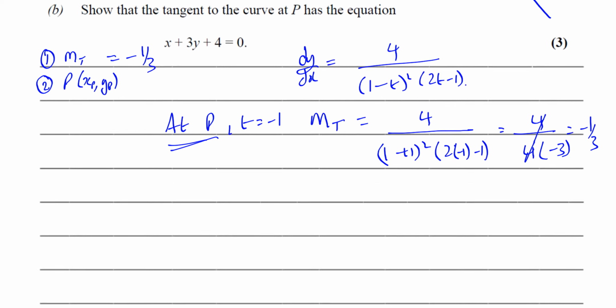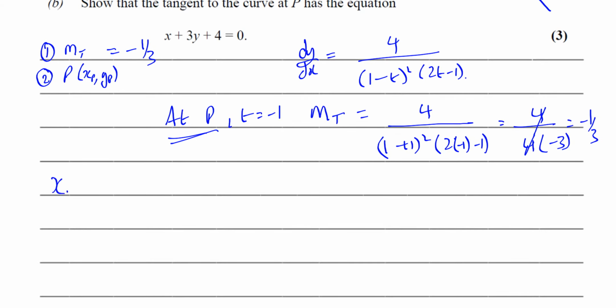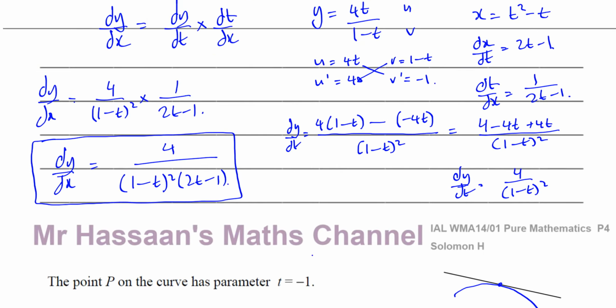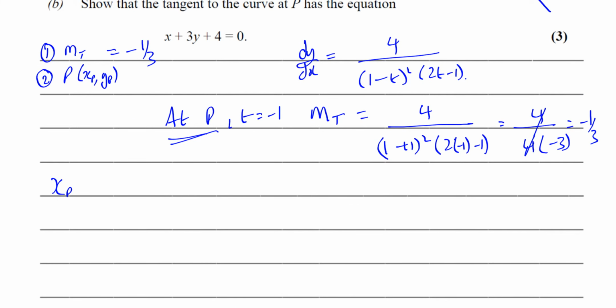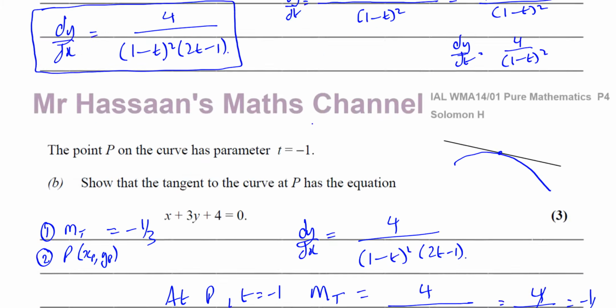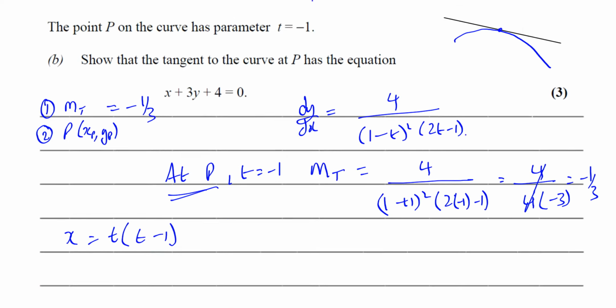Now we've got to find the x coordinate of P and the y coordinate of P. As we know from the equation above, x is equal to t times (t minus 1), and y is equal to 4t over (1 minus t).